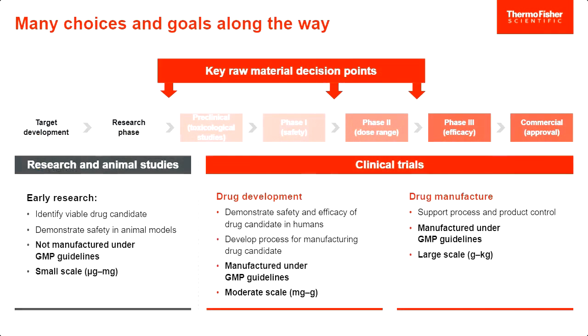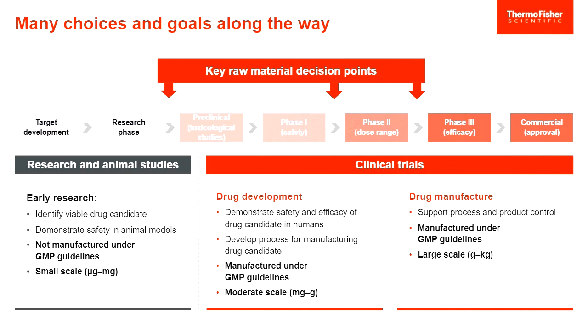As we navigate the drug development pipeline from early research to commercial manufacturing, buffers play a critical role at every stage. In early research and preclinical studies, materials, including buffers, are often used on a small scale and not under GMP. However, as we enter into clinical trials, the regulatory expectations sharply increase.